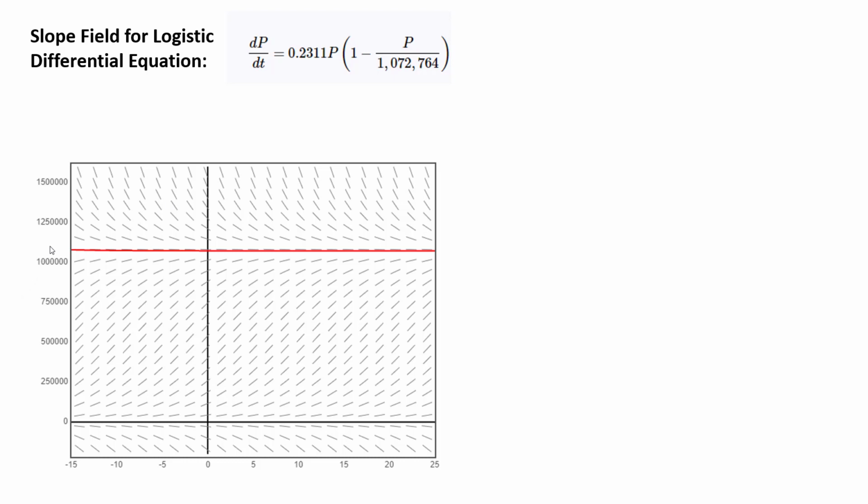In this case, this is 1,000,000, this is 1,250,000, so the one in between is the value of K. And we did say it's stable. Look, all the curves approach K. And then obviously 0, we said it's unstable. So the problem we're solving is kind of a Noah's Ark scenario. If you have at least two of the species, it's assuming it can survive and go to the carrying capacity.